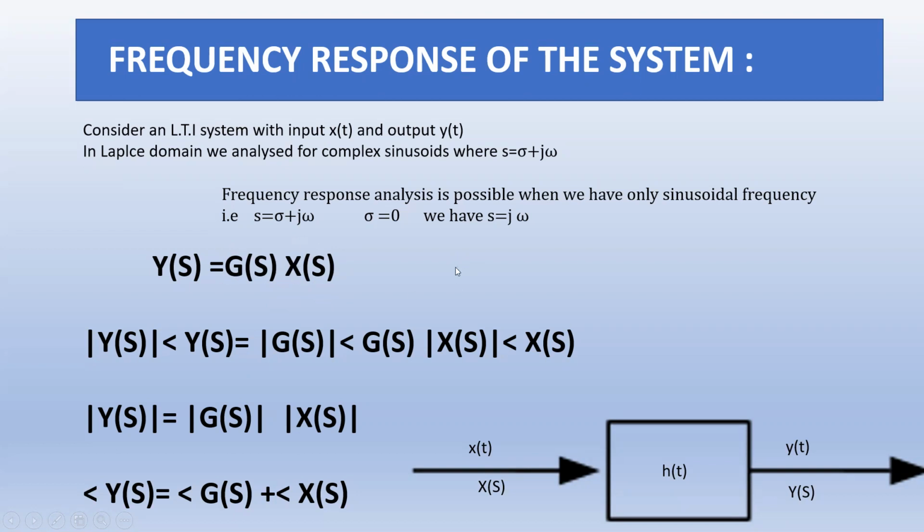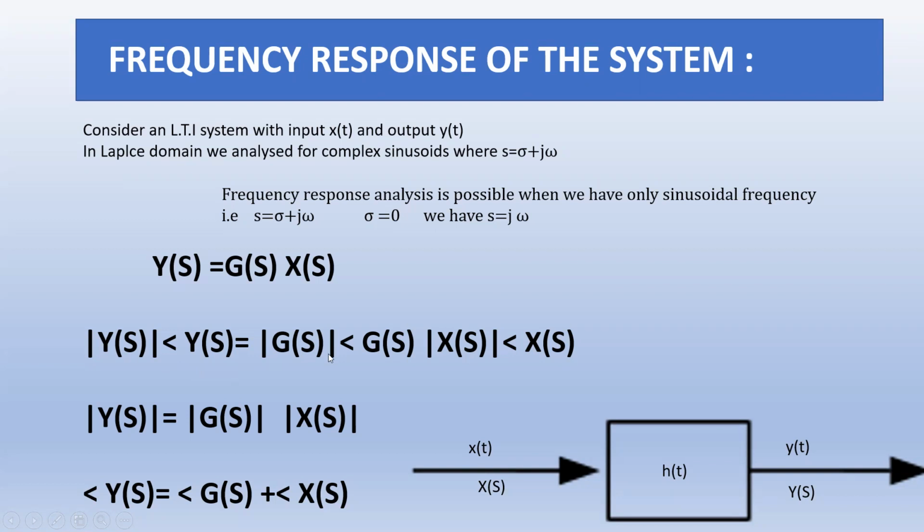If we write this complex number as a magnitude and phase part, then Y of s can be written as magnitude of Y of s and angle of Y of s. Similarly, we can write magnitude of G of s and angle of G of s, magnitude of X of s, and angle of X of s.